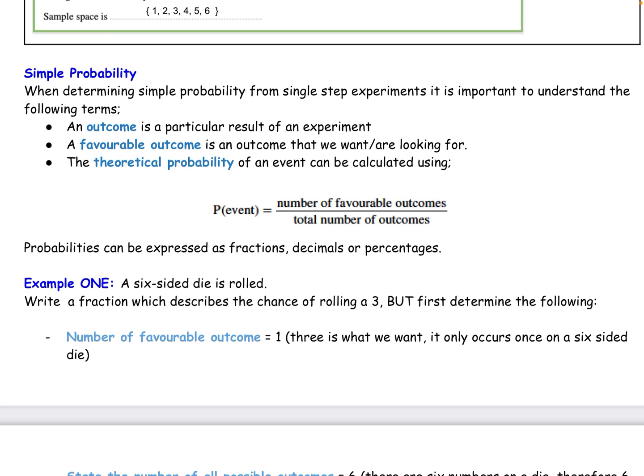So in that case, a head is the favourable outcome. And the theoretical probability of an event can be calculated using the number of favourable outcomes over the total number of outcomes. So you'll get a fraction, just like you did before. The top is the number of how many times we got what we wanted, and the number down the bottom is the total possible number of answers you can have. Now, as I said before, probabilities can be expressed as fractions, decimals, or percentages.